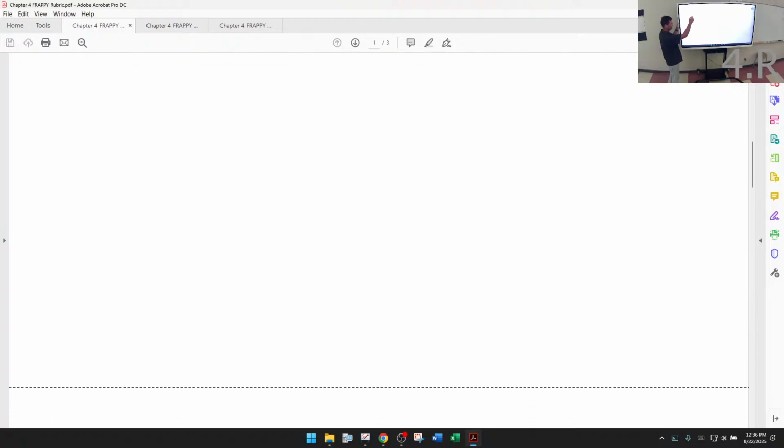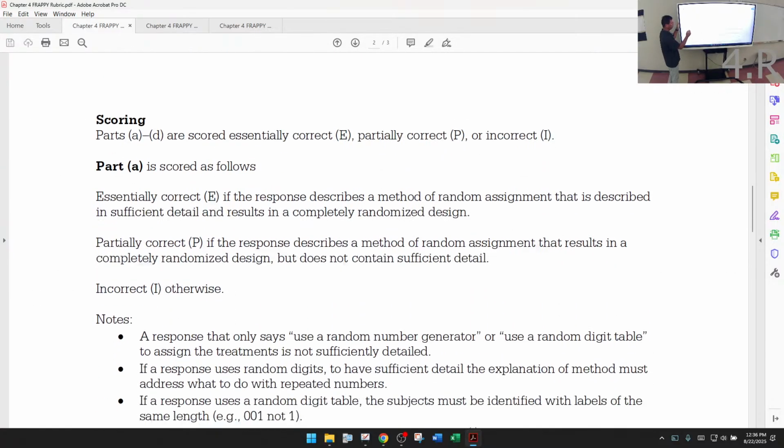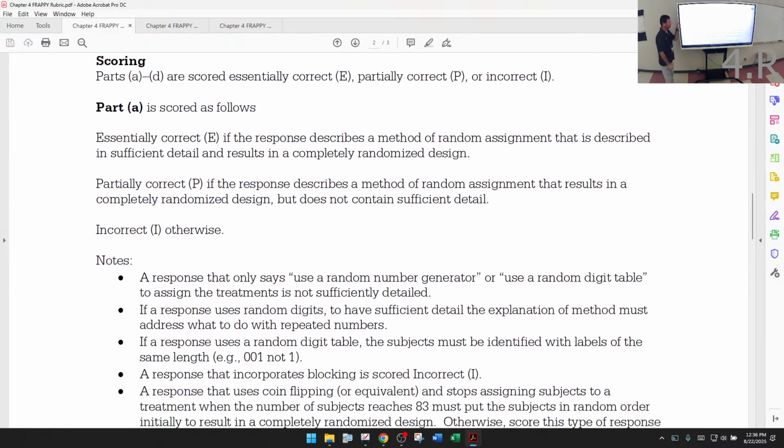Here's what the rubric says. For A, you got it essentially correct, partially correct, or incorrect. Essentially correct: the response describes some method of random assignment that's described in sufficient detail and results in a completely randomized design.